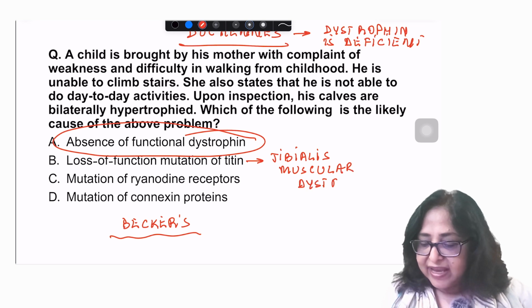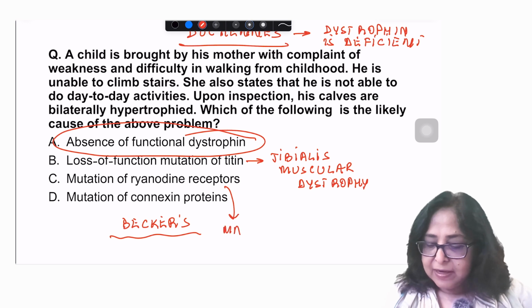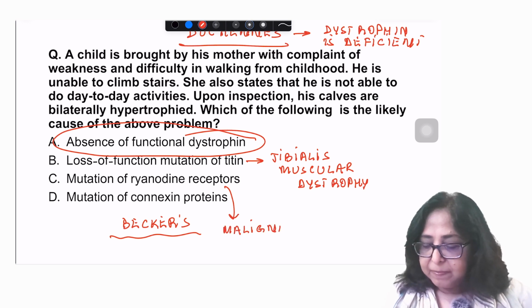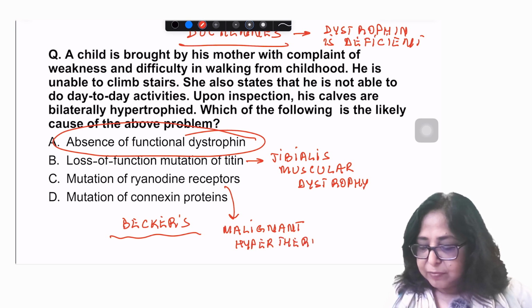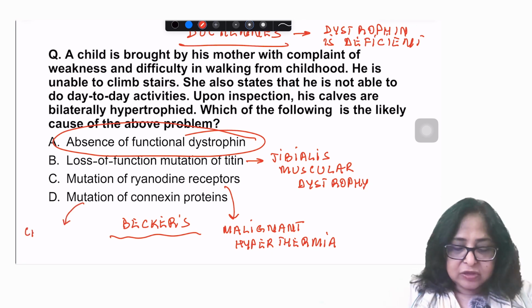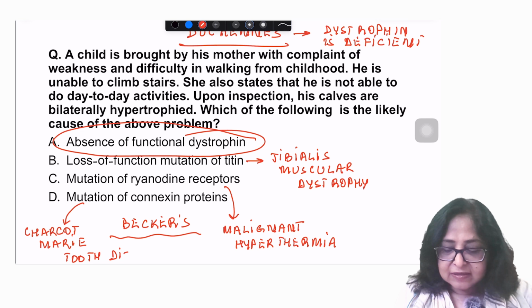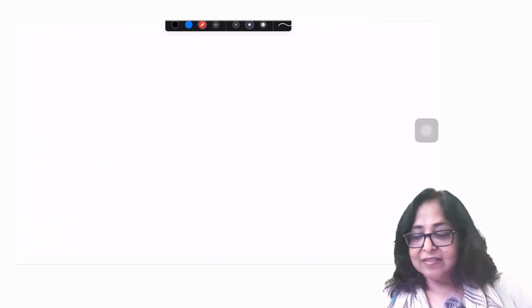Mutation of the ryanodine receptors gives rise to a clinical condition which is called malignant hyperthermia. Mutation of the connexin proteins gives rise to a clinical condition which is called Charcot-Marie-Tooth disease.